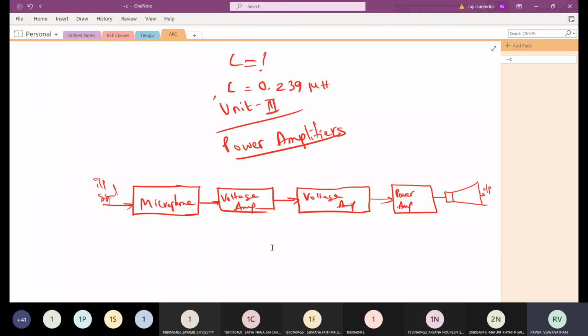And whatever power we get is across the load, whichever is connected. That load is nothing but simply a resistive load at the output end, and it may also be a very small load. It may vary between 300 ohms to 8 ohms.